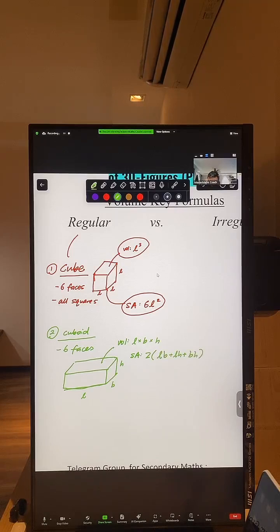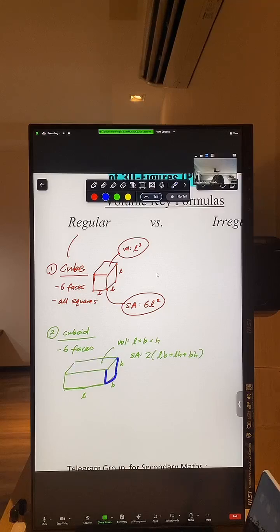Because if you notice, guys, this rectangle here, there is another rectangle of the exact same dimensions on the other side of the cuboid, L times H. So there's one here, there's one more here.